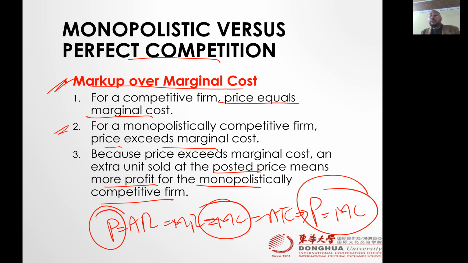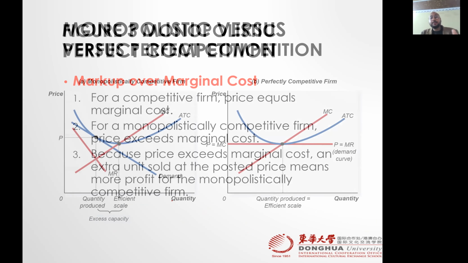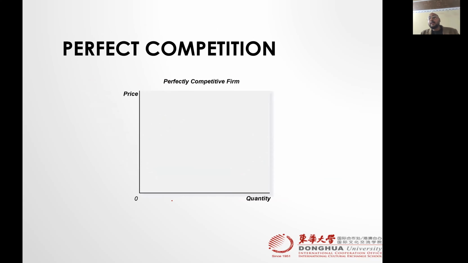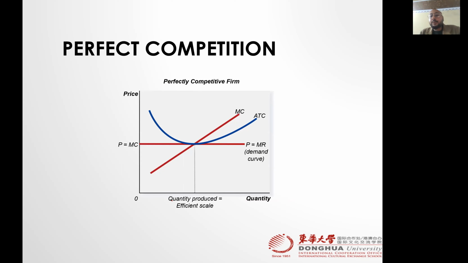So two things are going side by side that are not present in the perfectly competitive market. In perfect competition, the selling price is equal to their MC. Each unit they sell, the marginal revenue they receive is equal to their marginal cost. So price is equal to MR in perfect competition.